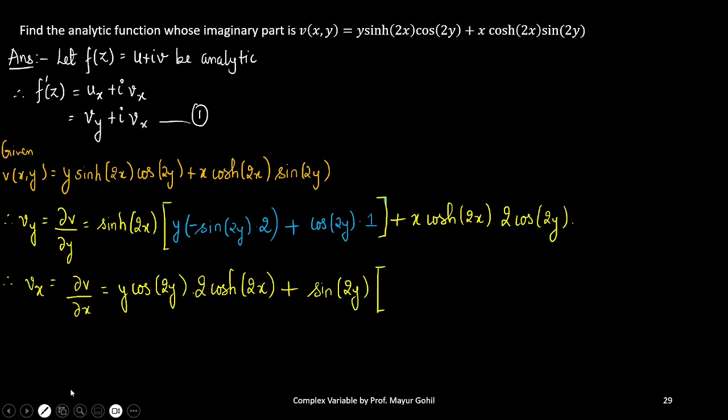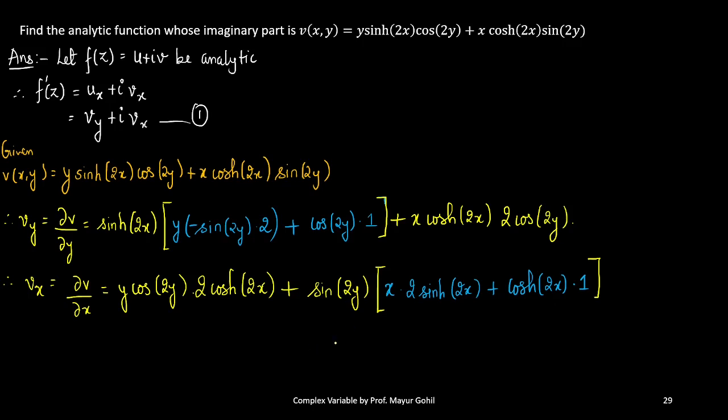So x times cosh x, its derivative is x sinh x, plus we will have cosh x as it is, and the derivative of x is going to be 1. So we are done with finding the partial derivatives.